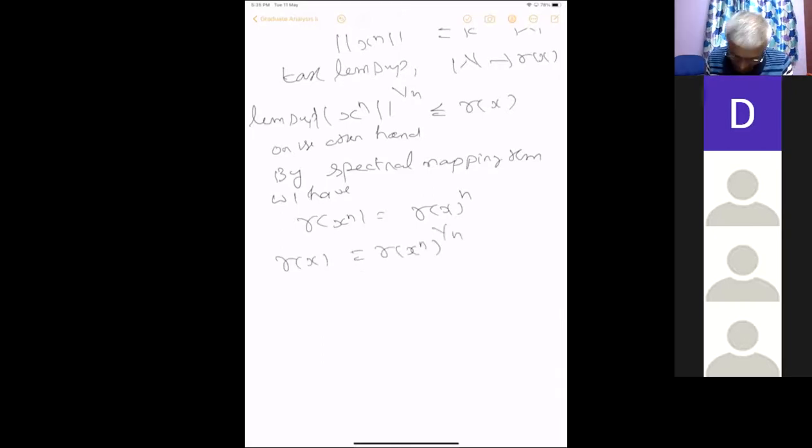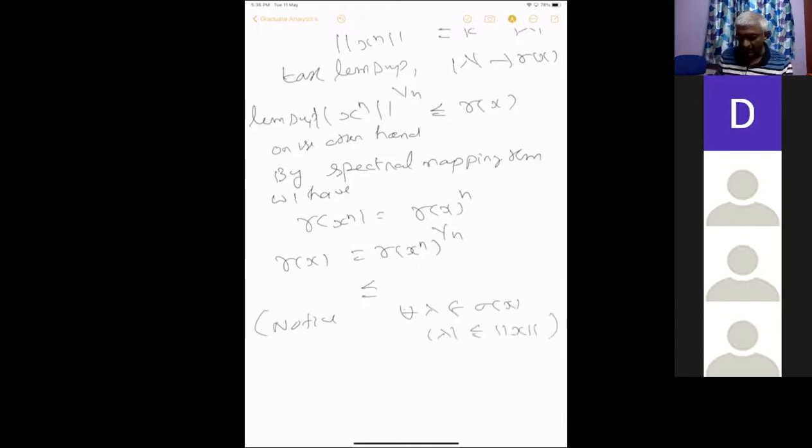But then this is less than or equal to... we have already proved that, notice that for all lambda in sigma(x), mod lambda is less than or equal to norm x. Because if mod lambda is greater than norm x, then x minus lambda is invertible. We have proved that. So this is less than or equal to (norm x^n)^(1/n), true for all n.